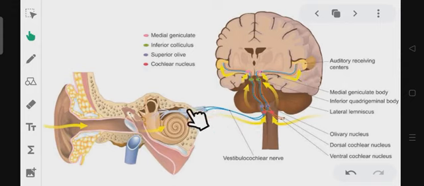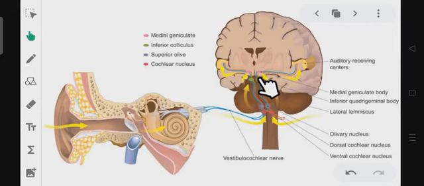Now that was the mechanism of hearing. You can see this video again if you are not very clear. You can see the portion again from where you are not very clear. And this nerve, known as the vestibulocochlear nerve, is the part by which you take transmissions from your inner ear to your brain.